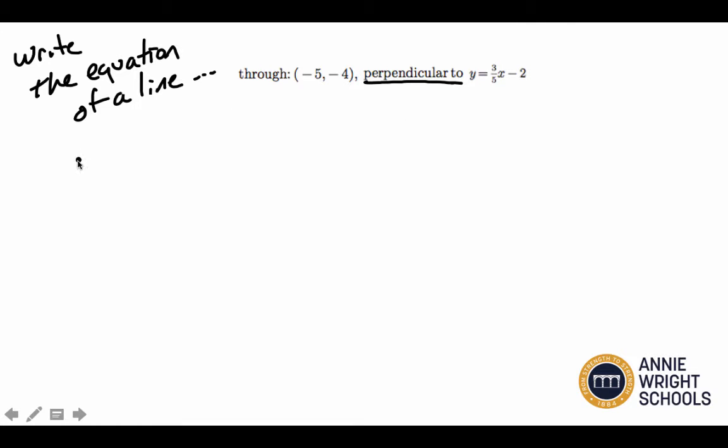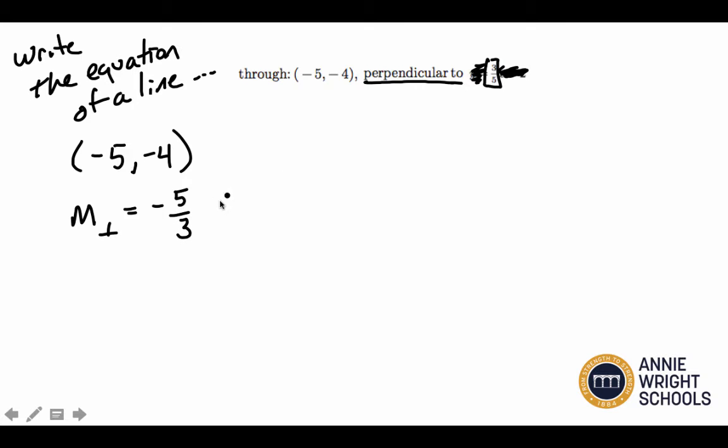So again, what do you need? You need slope and a point. We have the point. It's given to us in the problem. I want it to be perpendicular. All that matters is looking at the slope. The slope is 3/5. So a line that's perpendicular to that would have a slope of -5/3. It's the opposite sign, and it's the reciprocal.